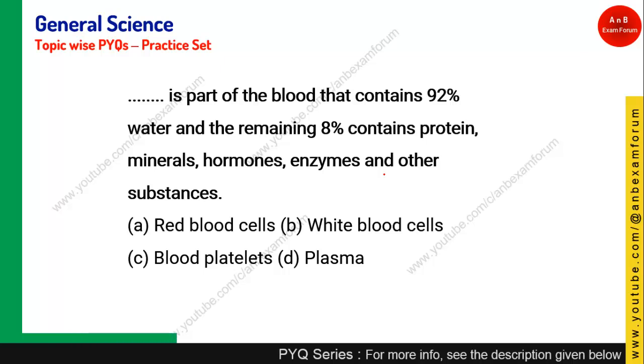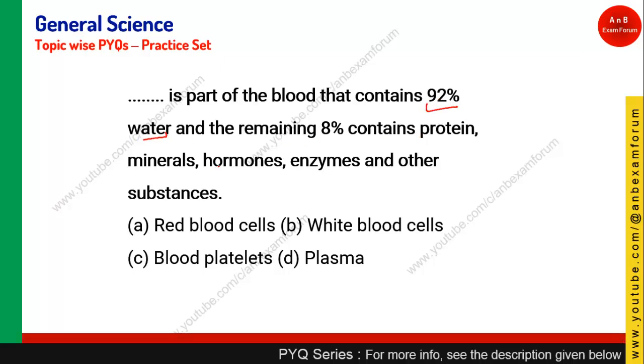The next question: dash is the part of blood that contains 92% water, and the remaining 8% contains protein, minerals, hormones, enzymes and other substances. So the blood consists mainly of two parts, students.